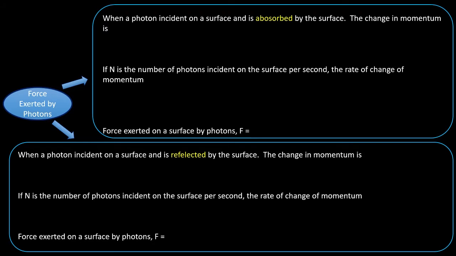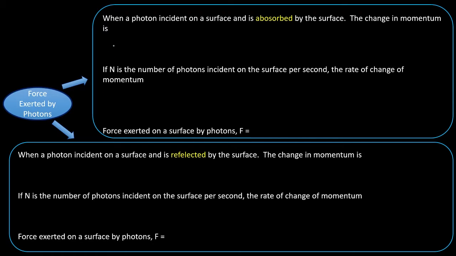Okay, so now let's say incident light is incident on a metal surface, and the photon is absorbed or hits the metal surface. When the photon hits a surface, it will exert a force. There are two possibilities for the force exerted by photons. One is when the photon is absorbed by the surface.